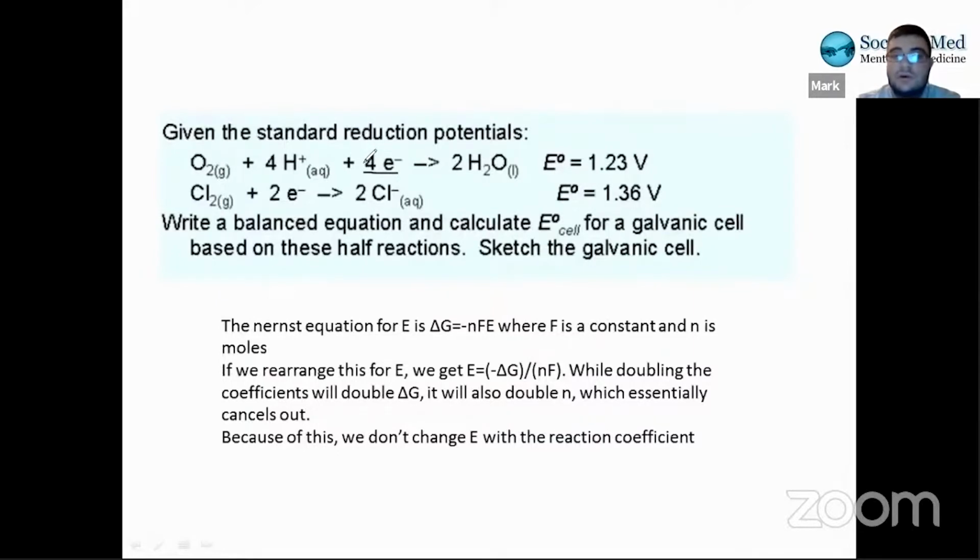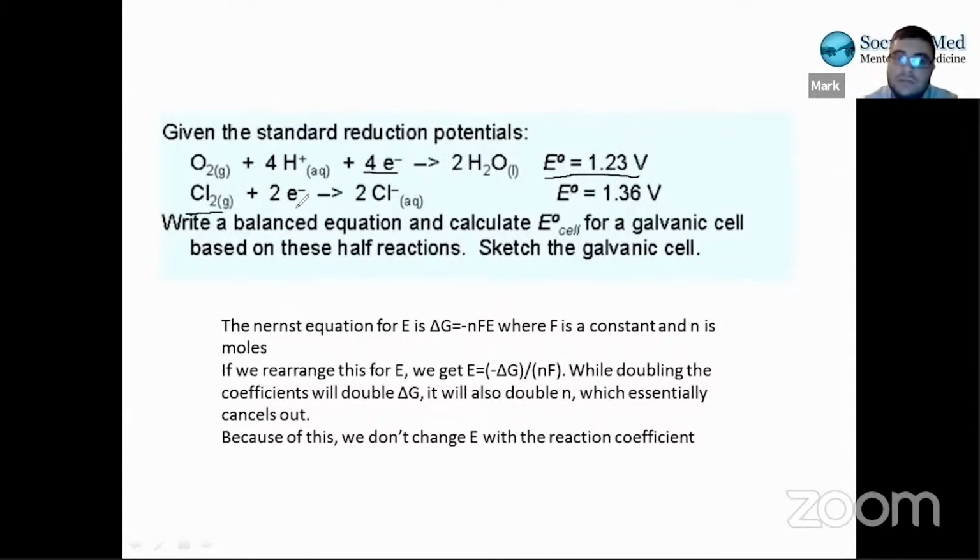We always write the reduction reaction, even if it itself is an oxidation reaction. It's kind of weird, but you'll see exactly what I mean. So this is a reduction because you're getting electrons, and it produces a current of this many volts. When this reaction occurs, it produces this many volts of electricity.